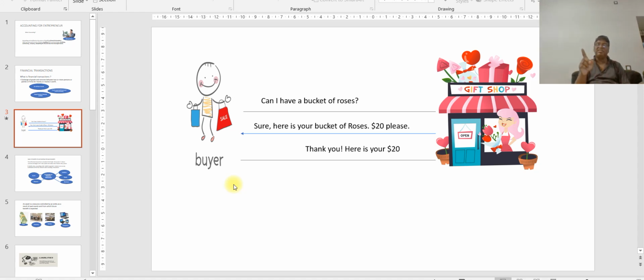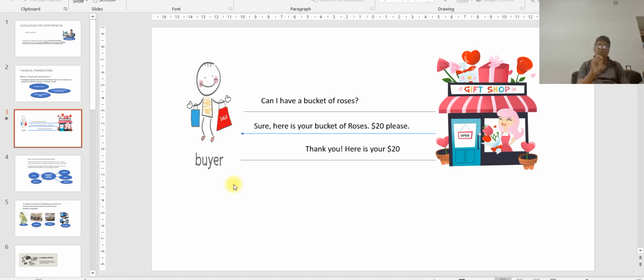Then the buyer asked for a bucket of roses and the shopkeeper handed over the bucket of roses to Mr. Ram, the buyer, and demanded $20. Then the buyer handed over $20 to the seller and demanded a receipt. So this is a business transaction or financial transaction.